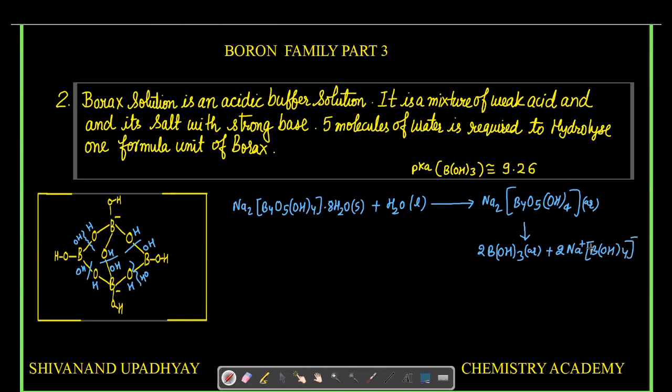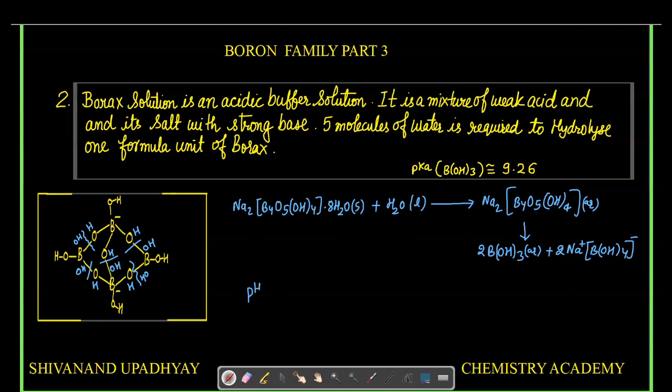We know that boric acid is not a protic acid, it is a Lewis acid, so it accepts OH minus. So when NaOH reacts with boric acid, it forms NaB(OH)4. So this is a weak acid and this is its salt with a strong base, or we can say weak acid and conjugate base. From here, we can say that this solution is acting like a buffer solution. And the pKa of boric acid is 9.26, so it is an acidic buffer solution.